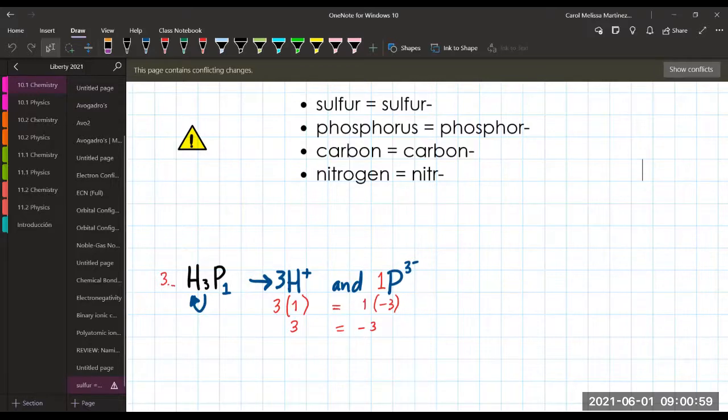Now, how do we call P3 minus? It is in the table. Phosphide. Okay, the name for this acid is going to be then... what is going to be the root for phosphide?